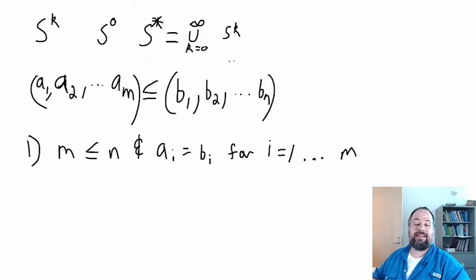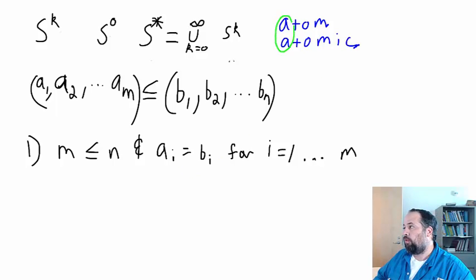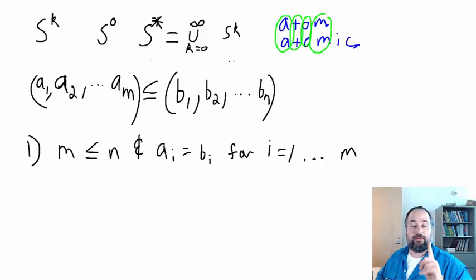So remember, M is less than N. So in this case, assuming the first one to be the A string, it does come before the B string because M, the last index, is less than N, the last index of the B string, and for A sub I equals, so for I equals 1, they're the same. For I equals 2, they're the same. 3 equals the same. 4, they're the same, right? Which is totally intuitive, and we've seen that a million times. We're just formally defining that here.